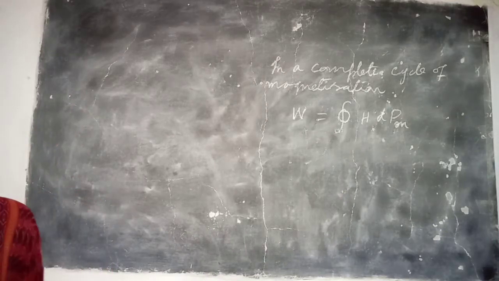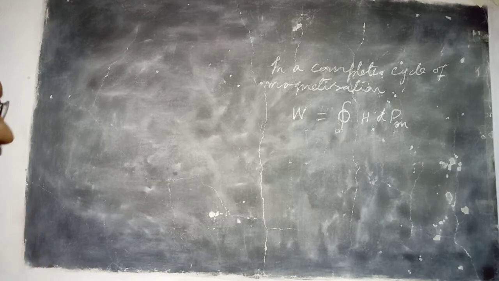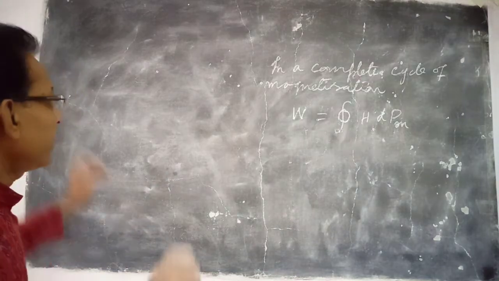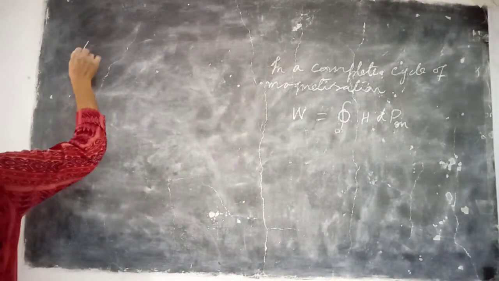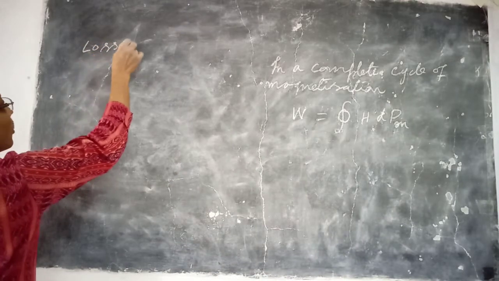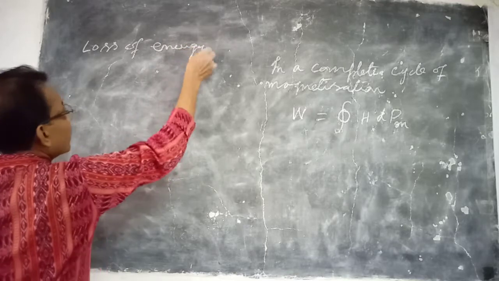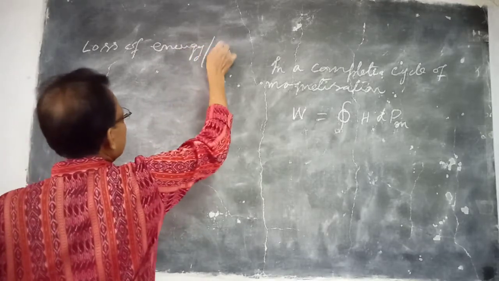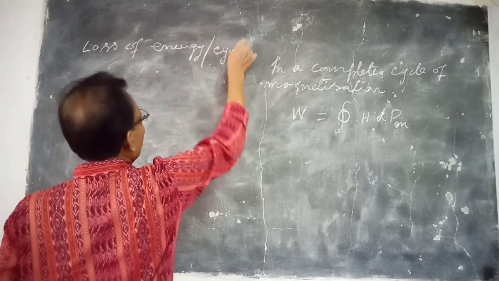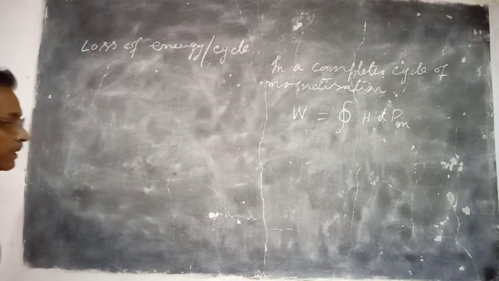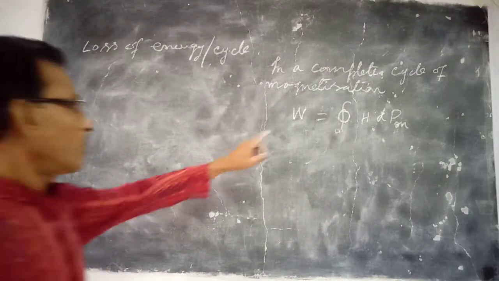Now we shall calculate the loss of energy per cycle of magnetization. This is the formula, the work done.